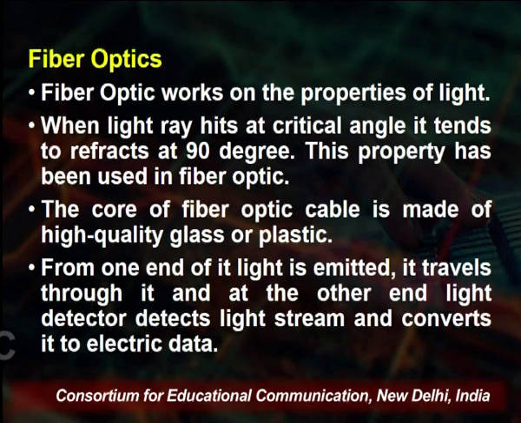While traveling from one end to another, it keeps on refracting at different angles, because the whole cable is made up of glass or plastic. If we talk about speed, it is actually the highest among these three categories, which are twisted pair cable, coaxial cable and fiber optic.